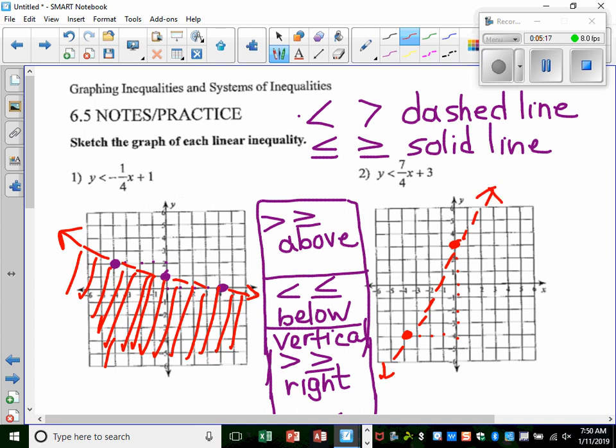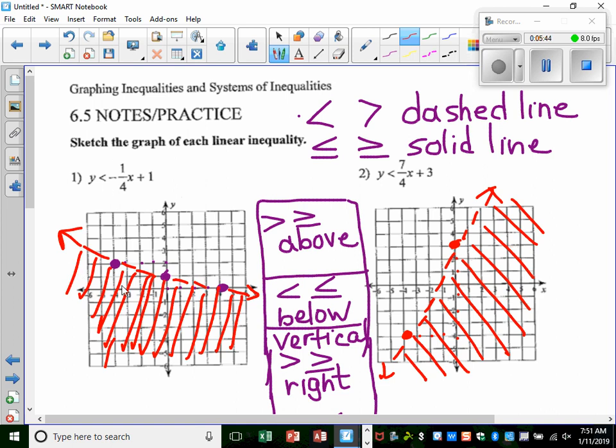And this is also less than, so I shade below. So basically, let me tell you what the shading represents. When we're shading below the line, we're saying any coordinate in this shaded region would be a solution to this problem.